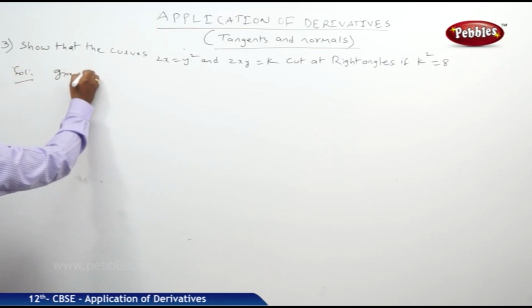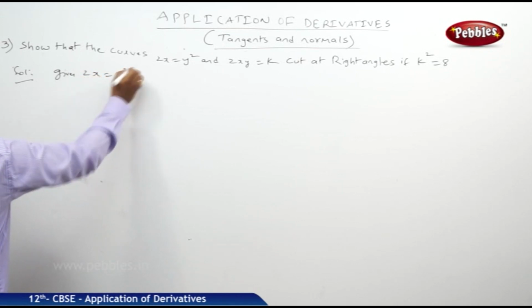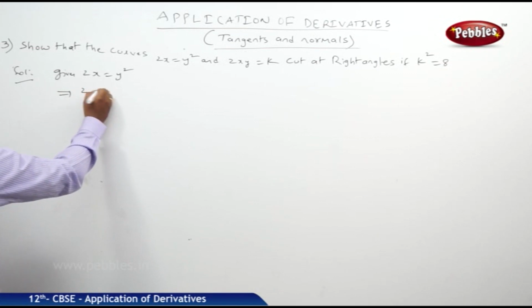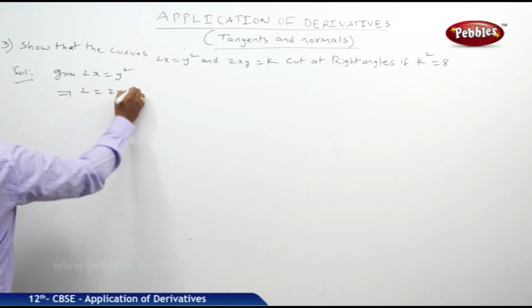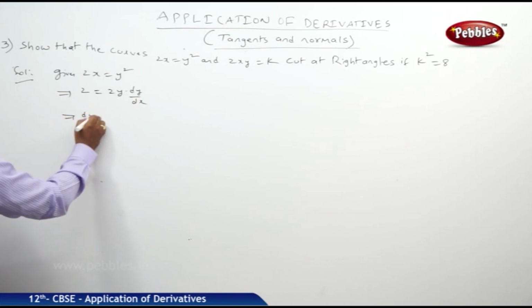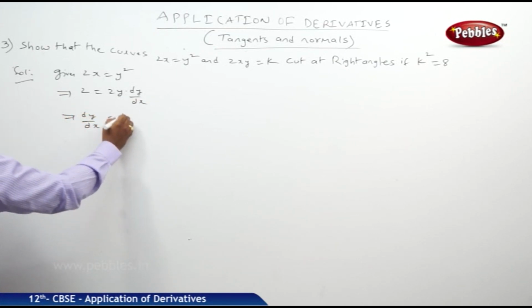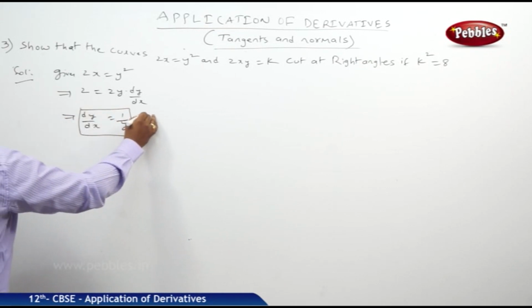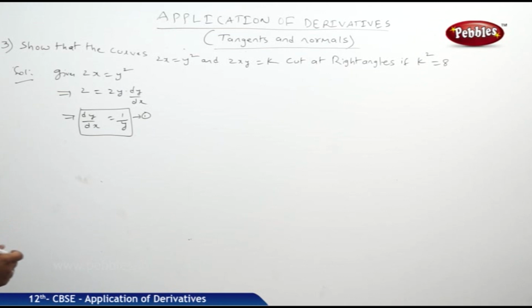given 2x is equal to y square, so what happens, 2 is equal to 2y into dy by dx. So finally what I will be getting, dy by dx is equal to 1 by y. I call this as 1.